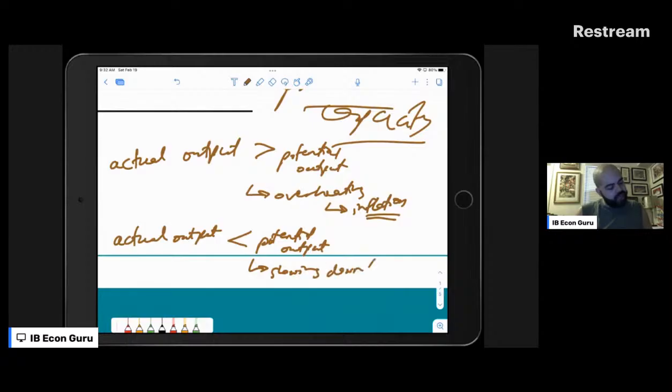There is a recession, which means the biggest priority would be the unemployment rate. So during periods of recession, the biggest priority is unemployment. During periods of inflation, obviously the biggest priority is inflation. So something to keep in mind.